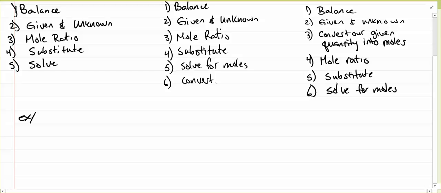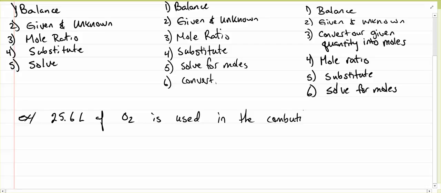So let's do an example. 25.6 liters of O2 is used in the combustion of ethane, which is C2H6.